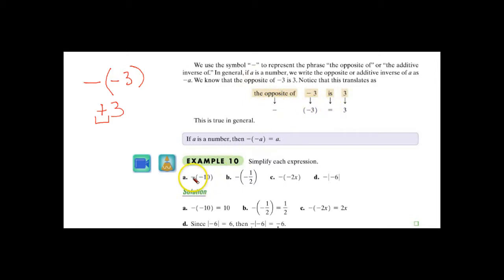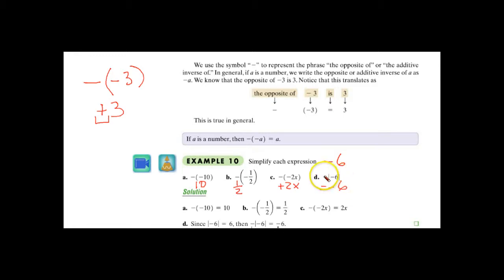So what's the opposite of a -10? 10. What's the opposite of a -1/2? A +1/2. This will be a +2x. Now, this is interesting here. This comes out of the absolute sign as a 6, and it's going to be a -6. Why?